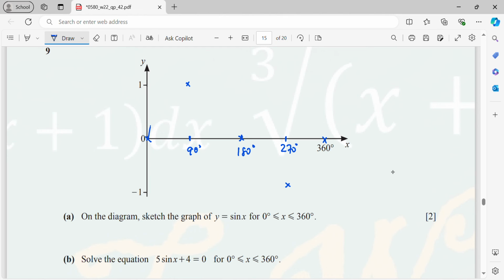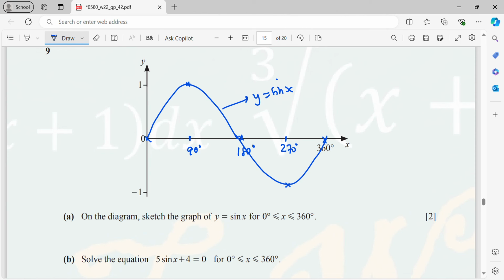Just join all the points to get a curve. Okay, so this is y equals sine x.